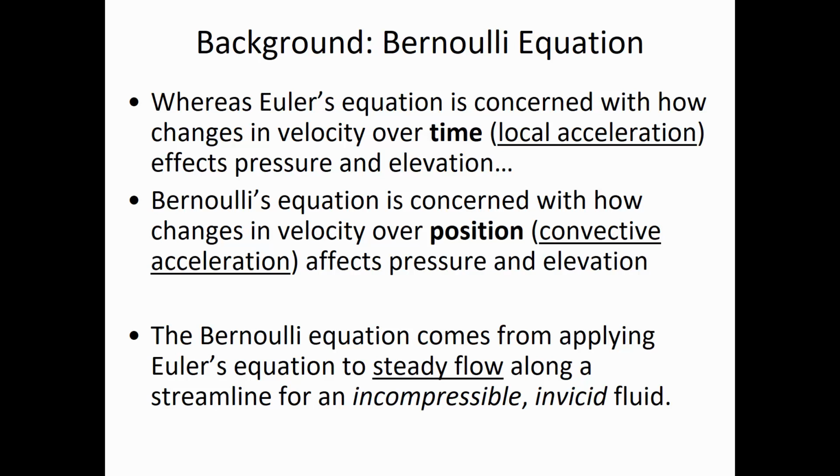We couldn't do it from the top of the inlet to the bottom of the outlet because those are different streamlines. If we tried to predict the pressure change, we'd have some inaccuracies. It's not that Bernoulli's equation would be completely wrong, but it wouldn't be as accurate as if we were trying to predict the pressure along a streamline.